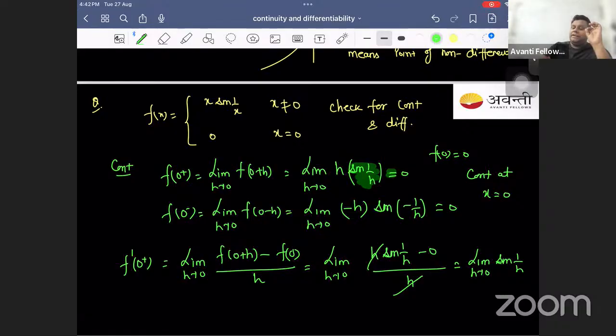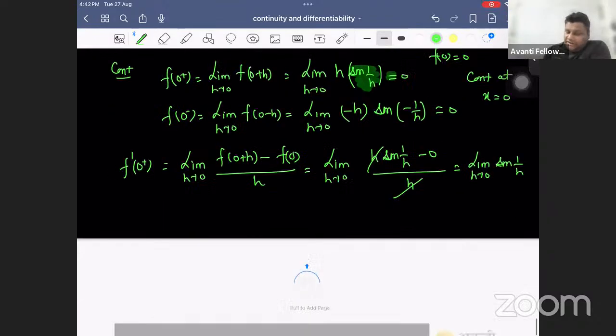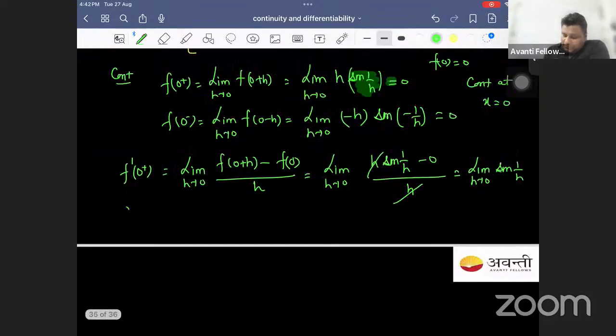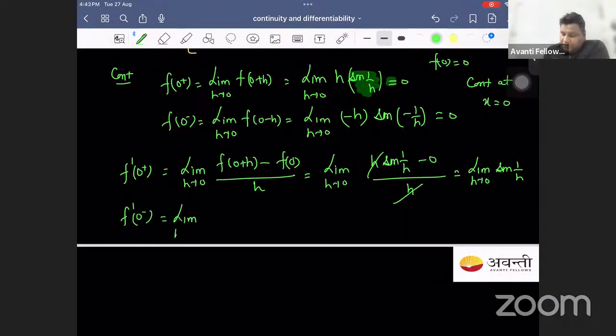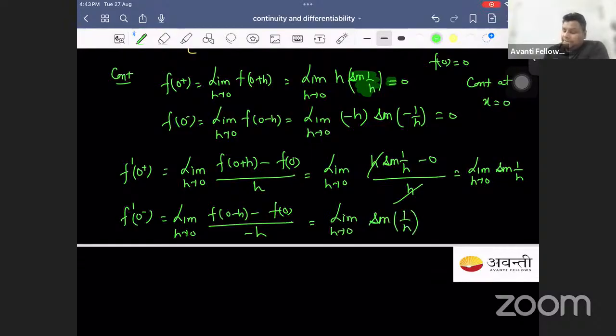We only know it is somewhere between -1 and 1, but what it is, we have no idea. Since we have no idea, we say it is a point of non-differentiability, because even if you check the left-hand derivative, f'(0-) is the limit as h approaches 0 of (f(0-h) - f(0))/(-h), it will again be sin(1/h).